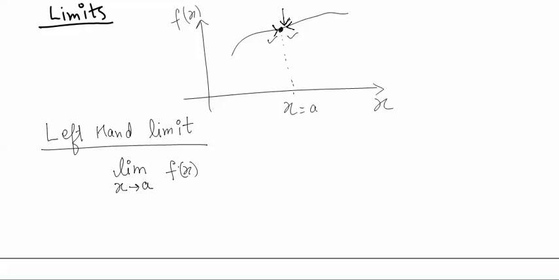This is how we represent limits basically. Now if I'm talking about the left hand limit, I will write it as a minus. This can basically be written as limit h tends to 0 of f(a minus h).